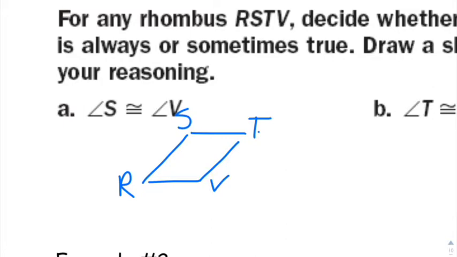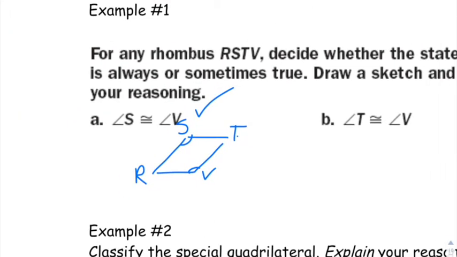So you have RSTV. And now we're saying S is congruent to V. Since this is a rhombus, which is technically a parallelogram, I would say that this is true. Always, always, always opposite angles will be congruent inside of parallelograms. So I will say always.